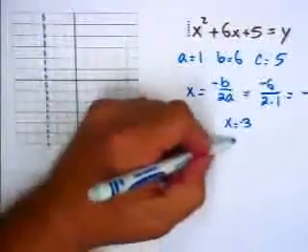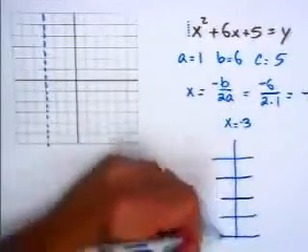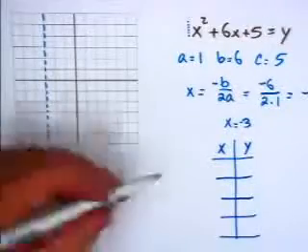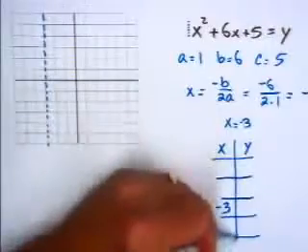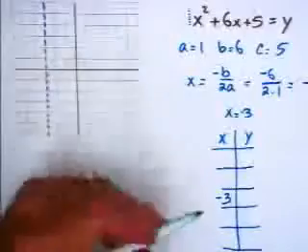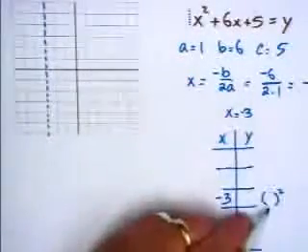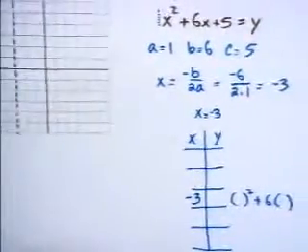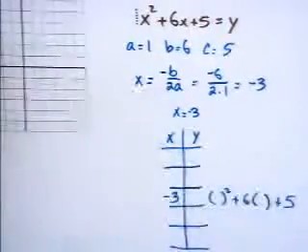Now we're going to find a few points to plot. X, y. We're going to start with the vertex, or line of symmetry, and put that in the middle. So we know the equation is x squared plus 6 times x plus 5.